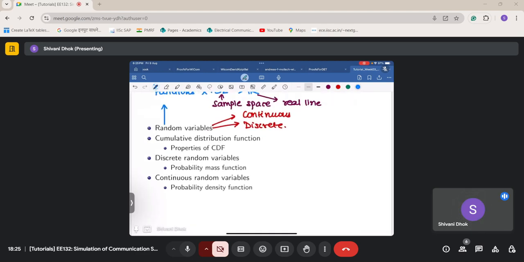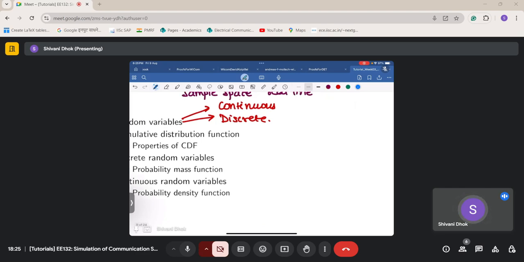And for all types of random variables, we are able to define a function which is known as the cumulative distribution function. This is the fundamental function for any sort of random variable. So this CDF, let's say we write it as Fx of x for a random variable capital X, is probability that X is less than or equal to small x.